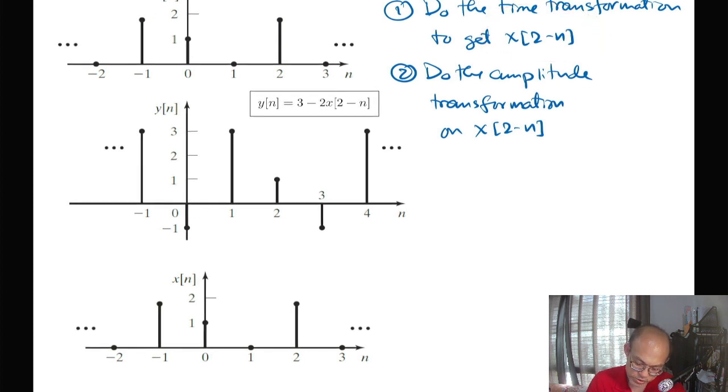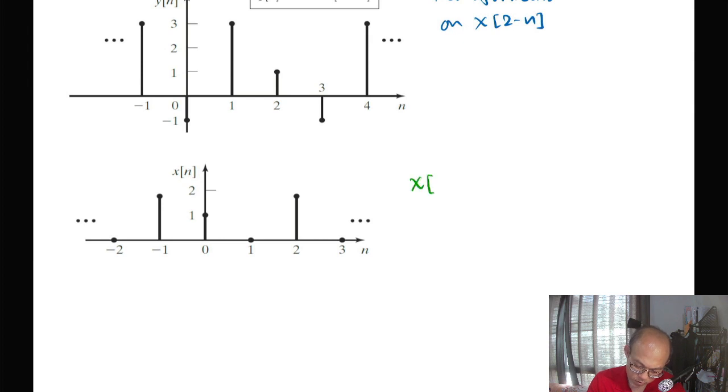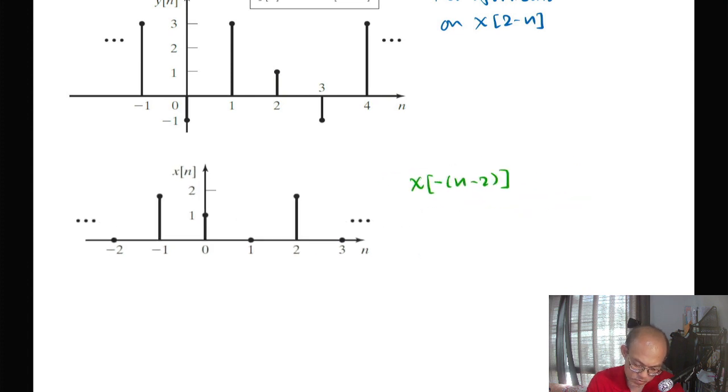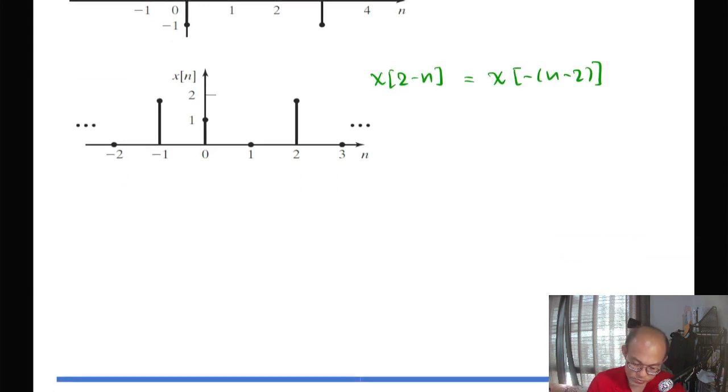What we do is we write x of minus n minus 2, right? x of 2 minus n is equal to x of minus n minus 2. So what we do is we do the time reversal and you shift it to the right by 2 time units. So what we have here is x of minus n, like this.